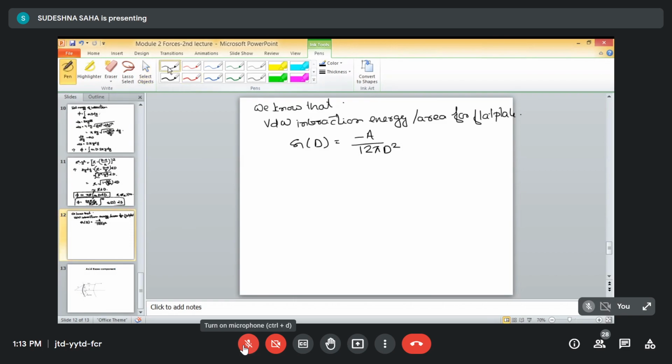The Van der Waals interaction energy can be written as phi equals 2 pi r1 r2 divided by r1 plus r2, integral from h to infinity of minus A divided by 12 pi d square into dd.